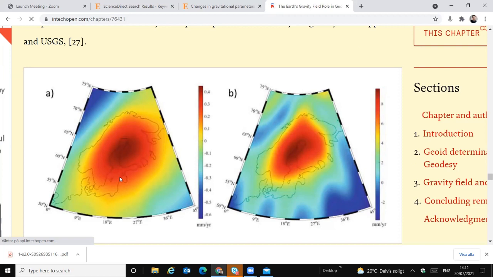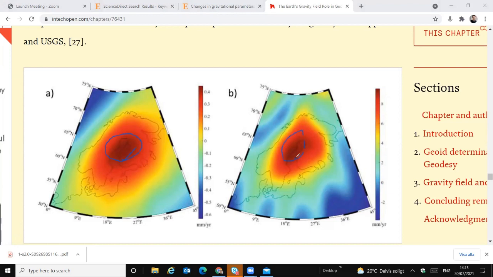And this is the speed of the geoid. As you see, in the central part of Finland, which is here, we have high land uplift. Later, I performed spherical harmonic analysis of these changes and inserted them in the mathematical model that I showed you to get the land uplift.